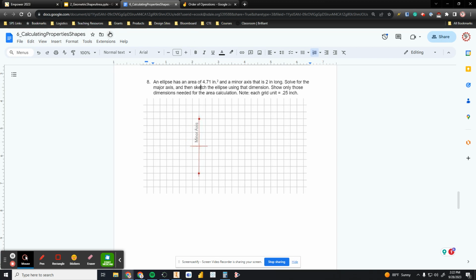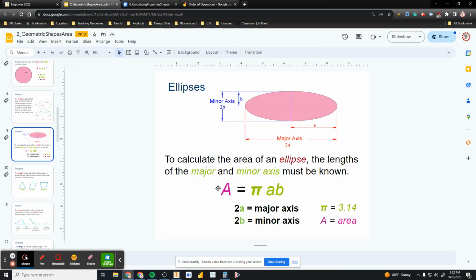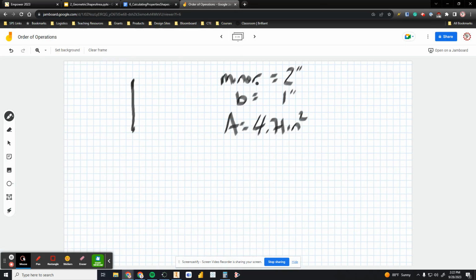Okay? So the formula that we're going to use is area is equal to pi times A times B. So we know what the minor axis is. It was 2, but we need half of that for B. So only half of 2 is going to be plugged in for B. So coming back over here, my minor axis, while it is 2 inches long, I only need half of that.